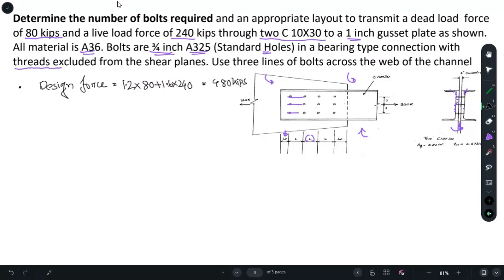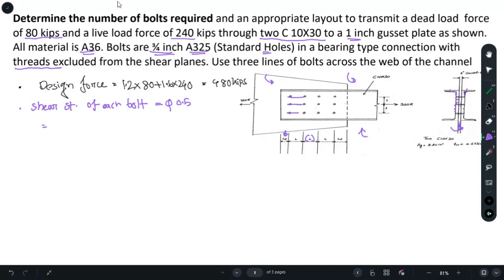Now we'll find out the shear strength of each bolt. And for that we have a formula, phi, which is the reduction factor, times 0.5.